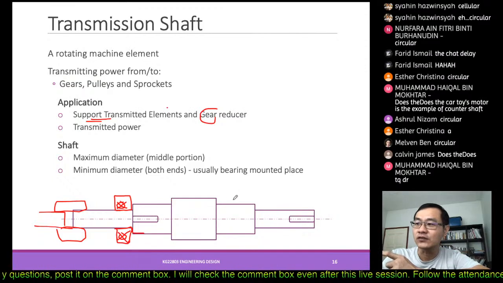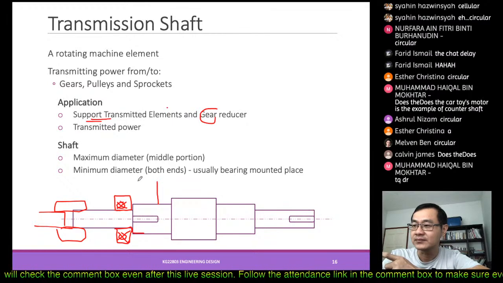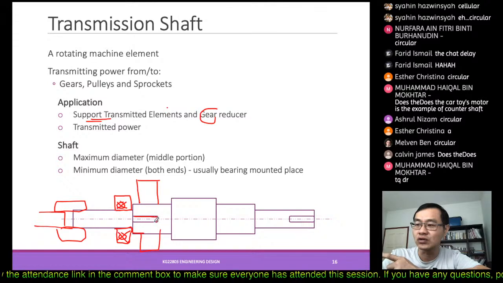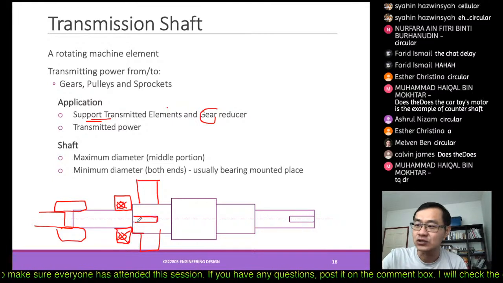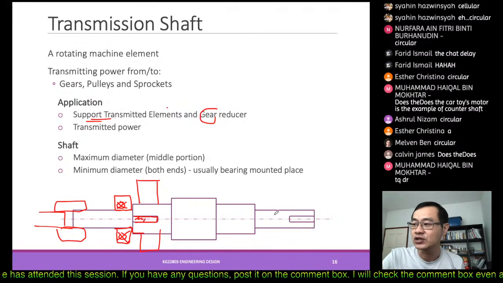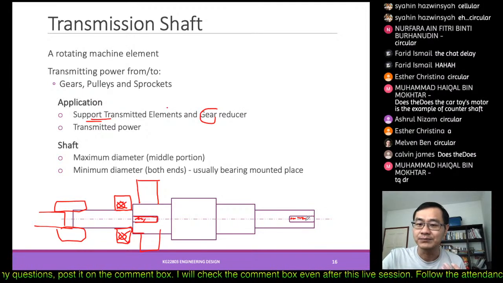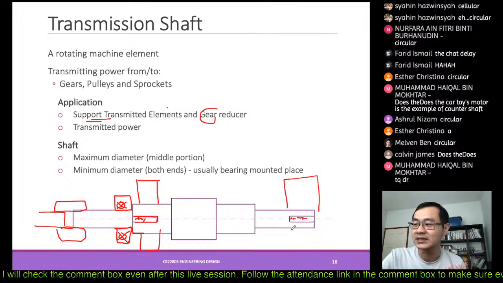Because of that, sometimes you may also want other gears. So you may have a gear here, with a key to locate it, to fix it to rotate the gear together. This is a key slot. You have a key slot at the end also, to connect to maybe another gear at the end.